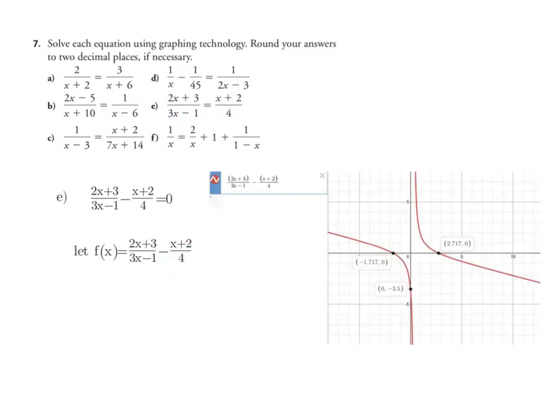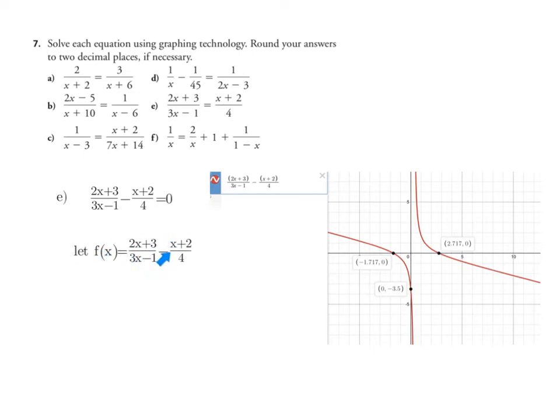Here it is, and the answers are wherever f of x, which is this, equals 0. That's what we're looking for, is when this f of x is equal to 0. So this is not equal to 0 here. I know the x value is equal to 0, but we want to know when f of x is equal to 0.